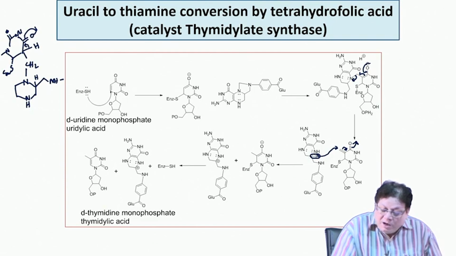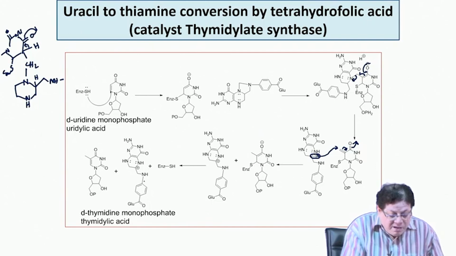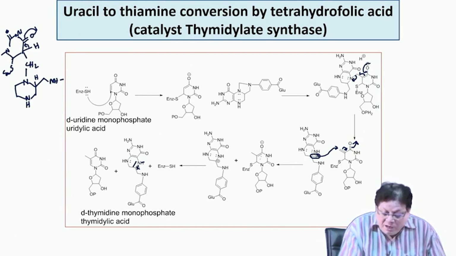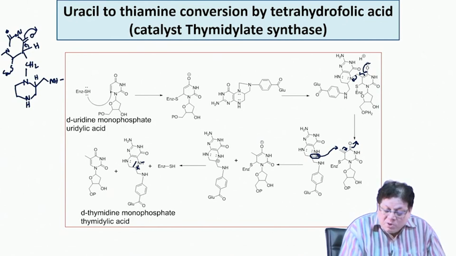So, the nitrogen now loses the hydrogen and makes a double bond here. Ultimately the plus charge will no longer be there. So, you have this enolate, the enzyme is still hooked up. So, now you bring that negative charge and kick out the enzyme.